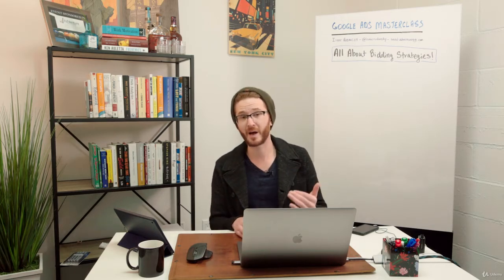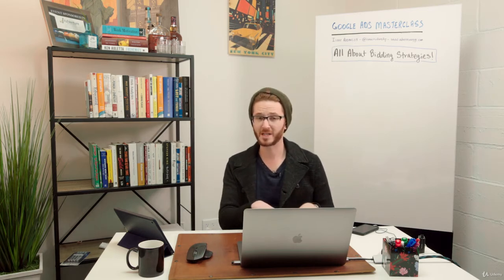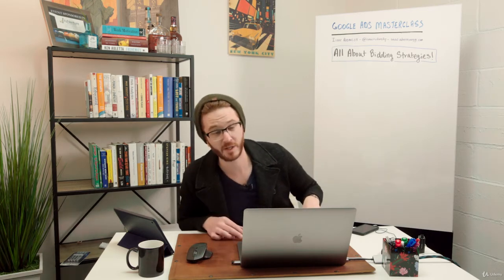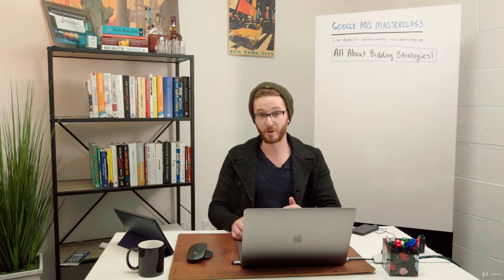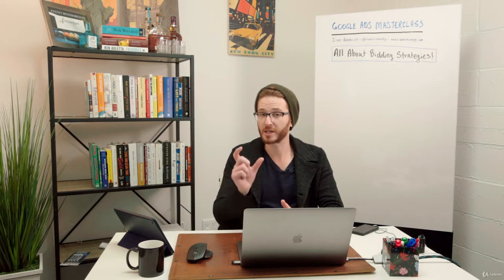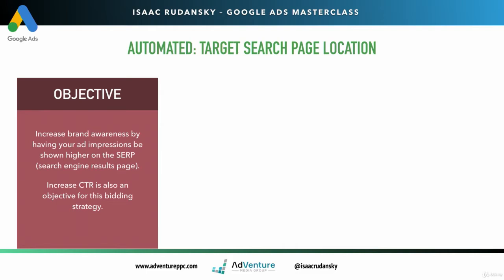That's another thing to keep in mind. While these bidding strategies might not be your ultimate goal, you might eventually want to be on target CPA or manual CPC, and I'm basically telling you that I suggest those are your end goals. You might want to use target search page location for a short amount of time to increase your click-through rate if you could increase your quality score, for example.